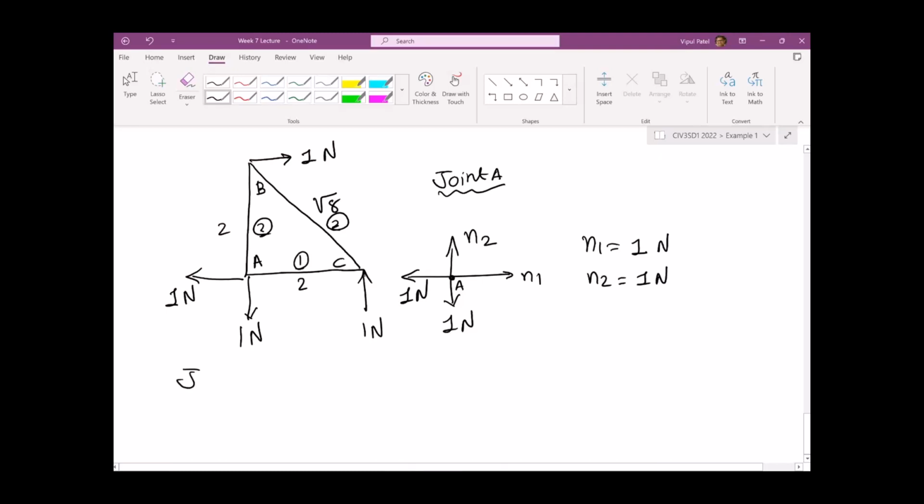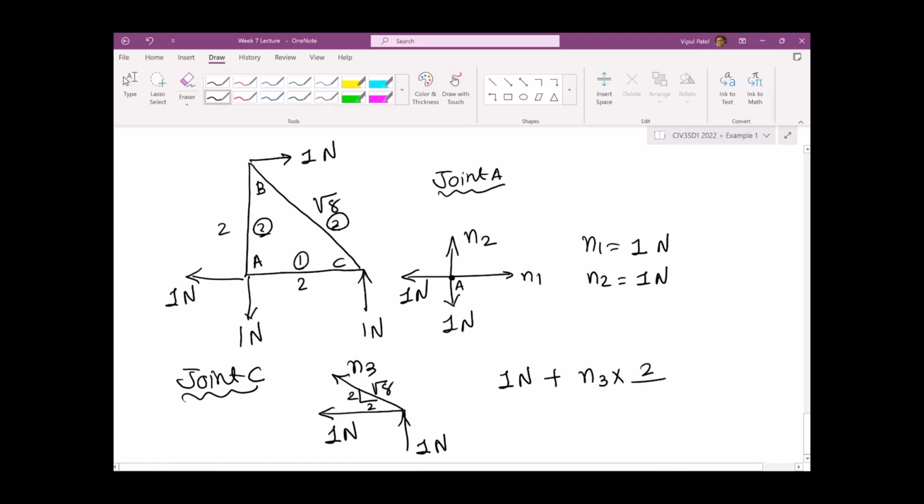Similarly, we can do joint C. This is 1 newton, this is 1 newton, and this one is n3, with 2 over square root 8. So the sum of the forces in the y direction: 1 newton going up plus n3 times 2 over square root 8 equals 0.